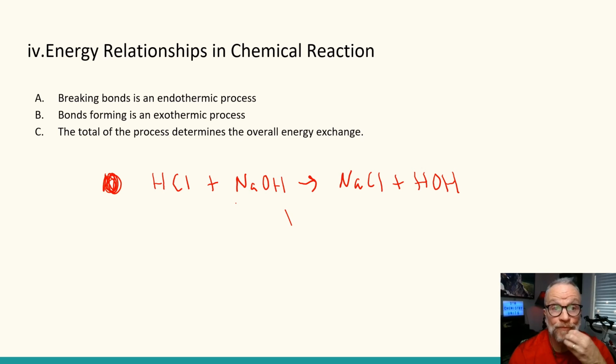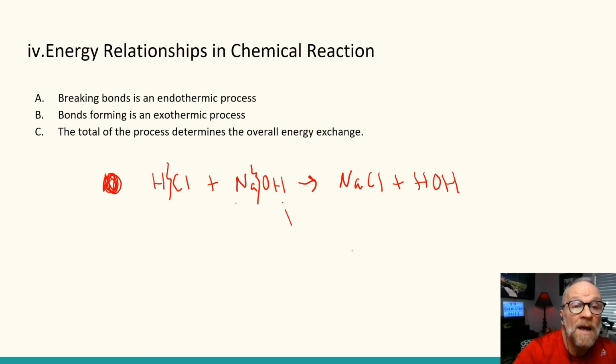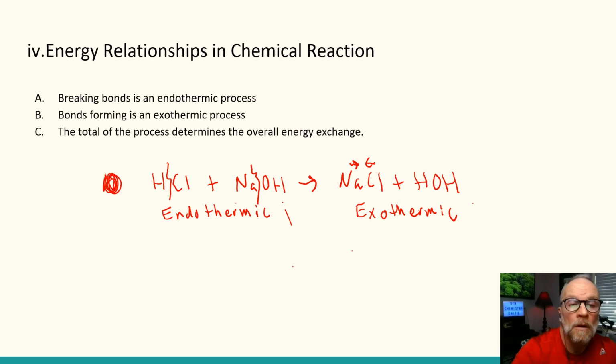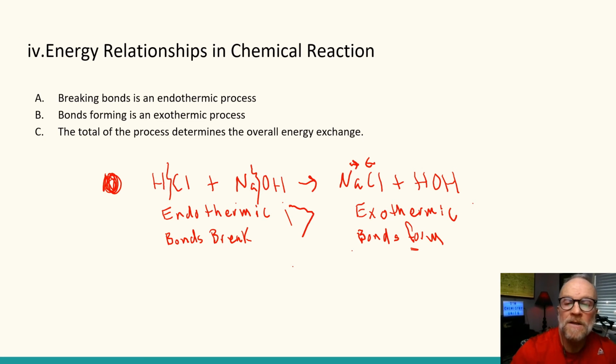So when we break these bonds so that we can have new products, this is an endothermic process, okay? And when these bonds form, that is exothermic. So bonds breaking and bonds forming. If the endothermic part is greater than the exothermic, this would be an endothermic reaction.